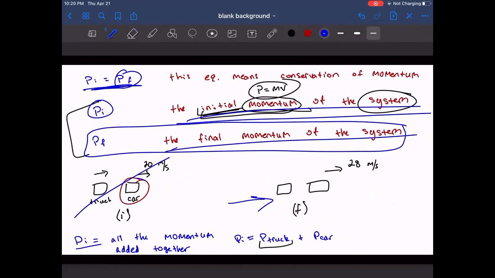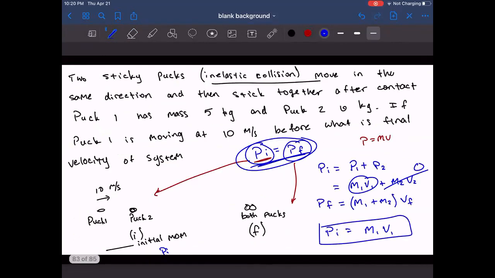It's the final momentum of the system. What's all the momentum added together? How many objects do we have? Let's add up all their momenta. Well, it looks like we only have one object. Why? Because they're stuck together. And so we don't have two objects anymore. Kind of makes sense.